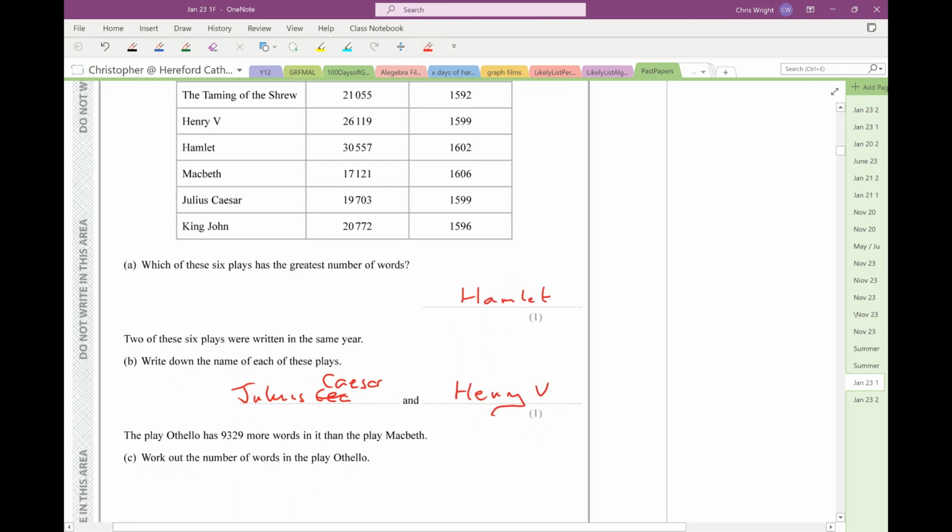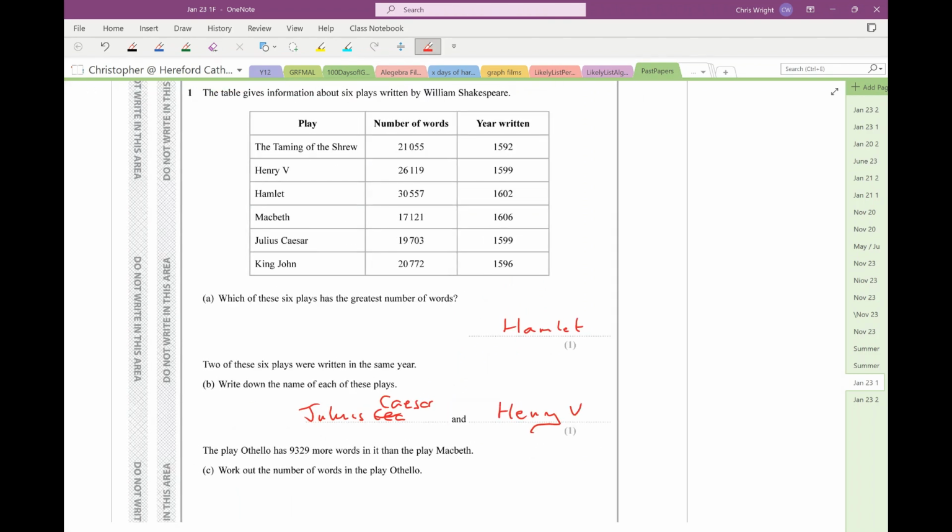The play Othello has 9,329 more words in it than the play Macbeth. Okay. Work out the number of words in the play Othello. Well, Othello isn't on my list, but I can see that Macbeth has got 17,121 words, and Othello has 9,329 more.